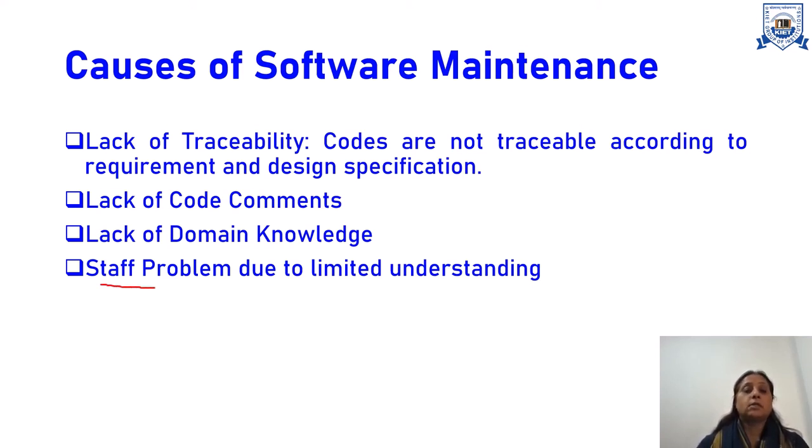Next is the staff problem. We have different persons, and each person has their own understanding level. If a person is not spending much time to understand the software before the development, in that case software maintenance cost will be increased.